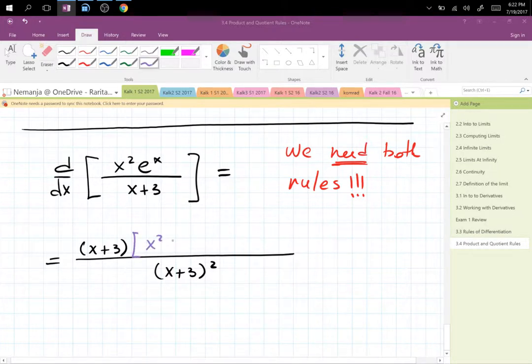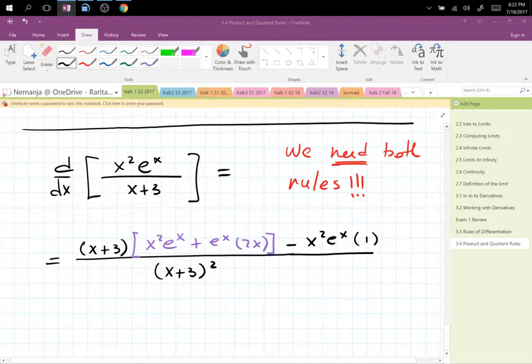Copy the first one, derivative of the second, plus copy the second times derivative of the first. So we did the product rule there, and then minus, copy this one, and then times 1. So as you can see, it's a little bit spicier example.